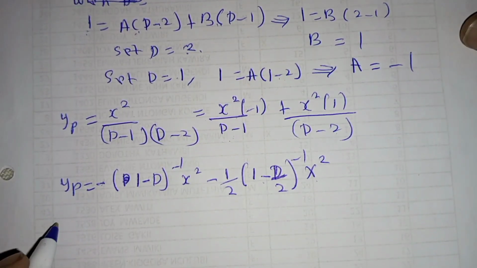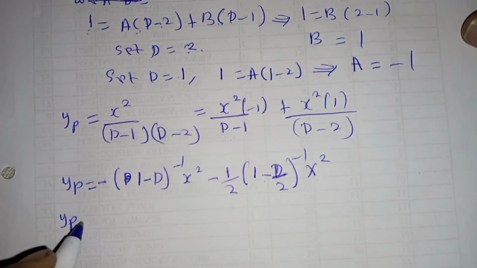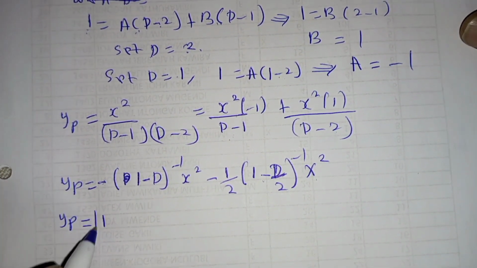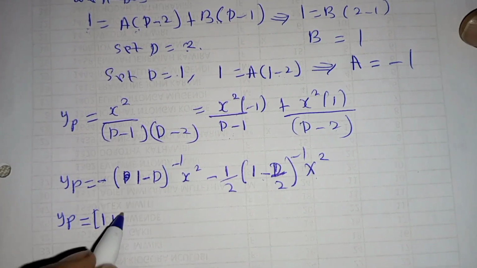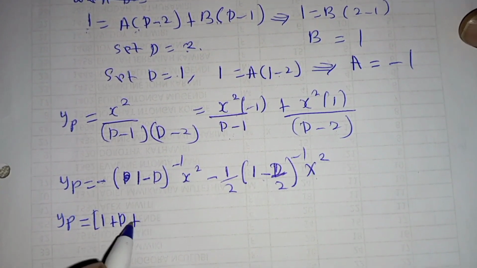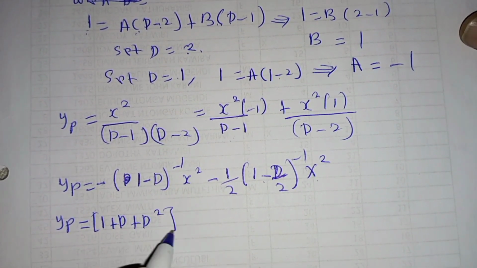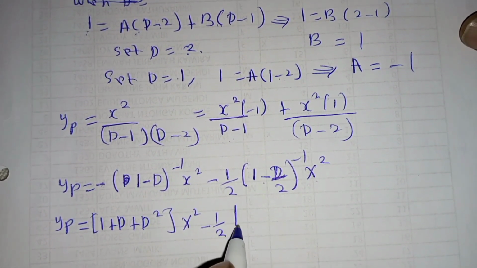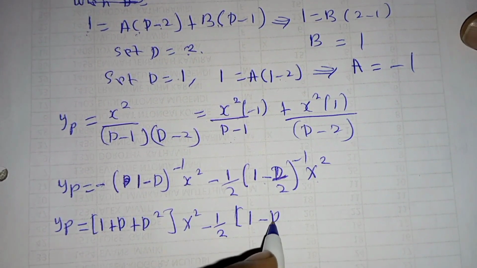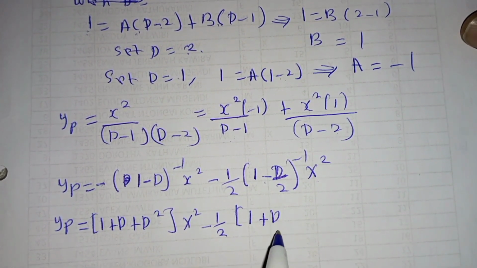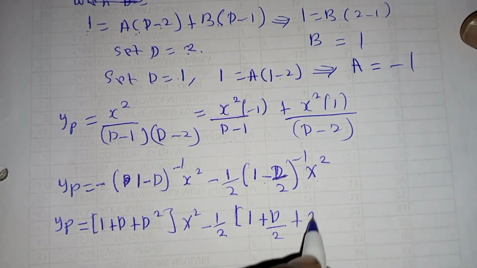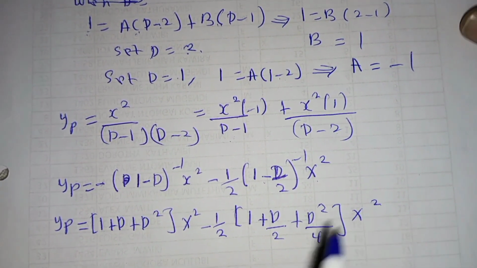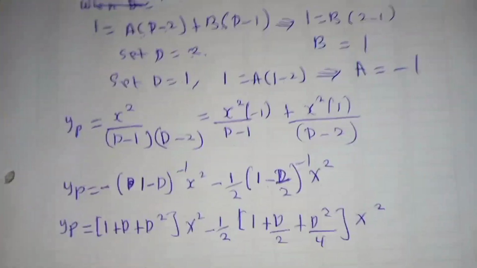Then we expand, so yp will be equal to (1 + D + D squared) x squared, we expand up to there, minus half into bracket (1 + D/2 + D squared over 4) x squared at that part there.